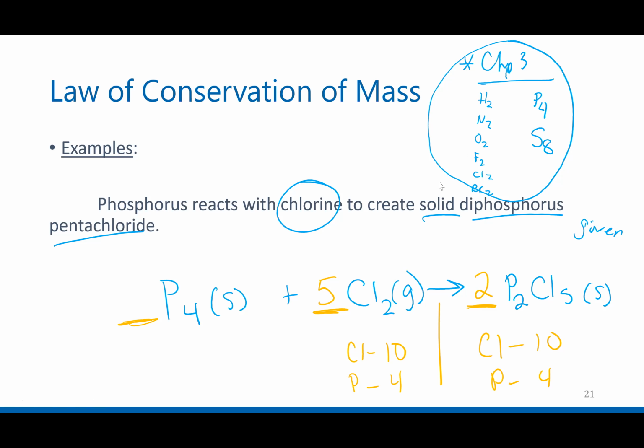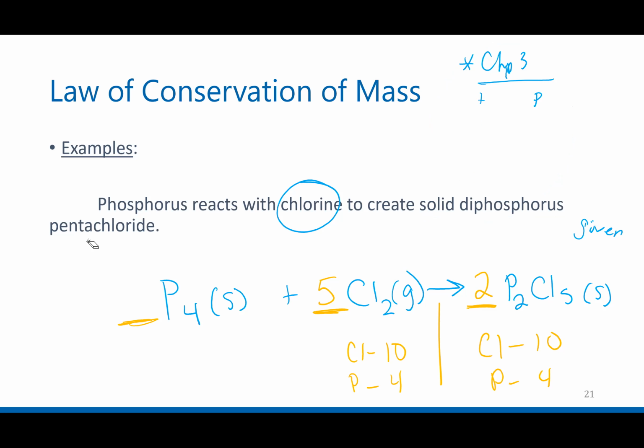Abdul Halim asked in the chat, how do you know the product is P2Cl5 and not P2 plus Cl5? It's because I gave you the name. Remember chapter 3, right? Diphosphorus pentachloride is the name for a molecule. So it's not P2 plus Cl5.